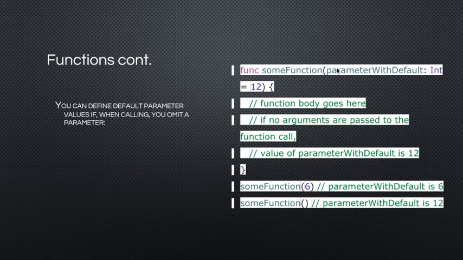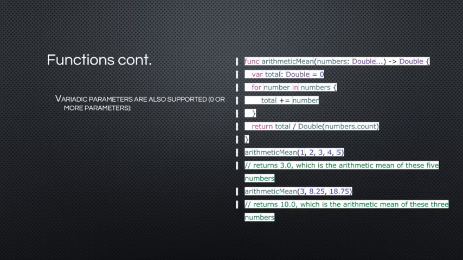So in this case, you've defined a parameter in this function, but if you don't define it as an argument whenever you call the function, as in right here, then you're setting that value to 12, which you could use later in the function. If you do define it as an argument, then it's defined, but if you don't, then its default value is going to be 12. Also really nice syntax.